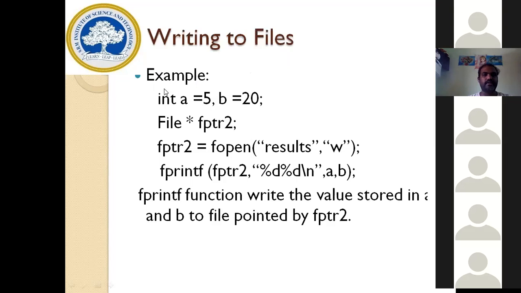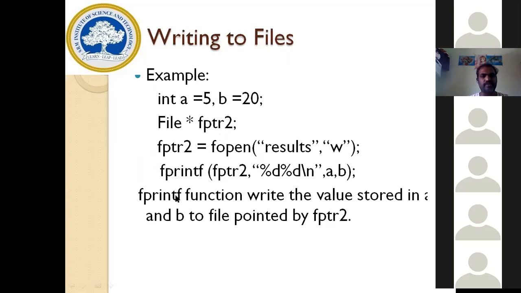So one more example for writing to files. Here there are two integer variables, a is equal to 5 and b equal to 20, declared and assigned some values. So that is a file pointer. All the time you must declare a file pointer to use the fopen function. We are opening the file for writing operation because it is writing to the file, and we are using fprintf.